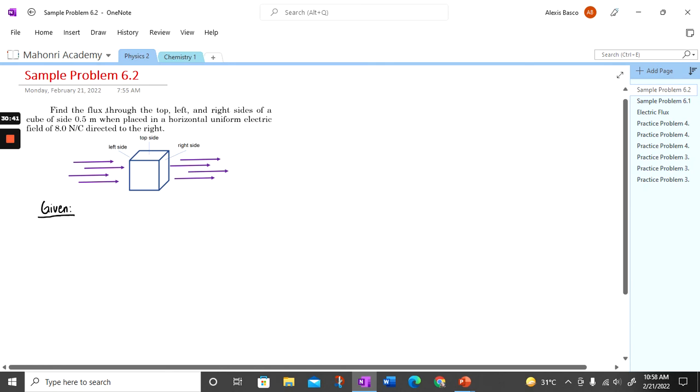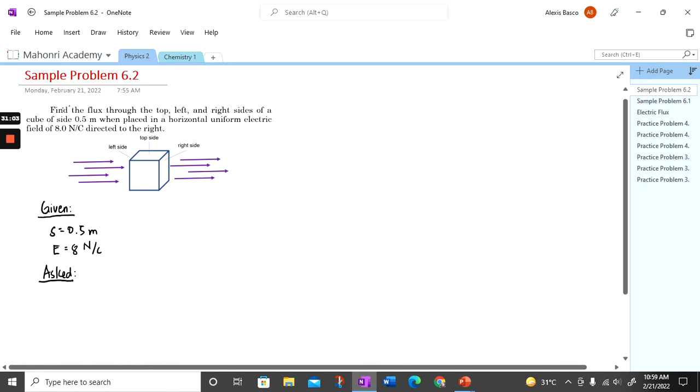So I have been given a cube. The side of the cube is equal to 0.5 meters. And they also give me the magnitude of my electric field, which is equal to 8.0 newtons per coulomb. And what is being asked?